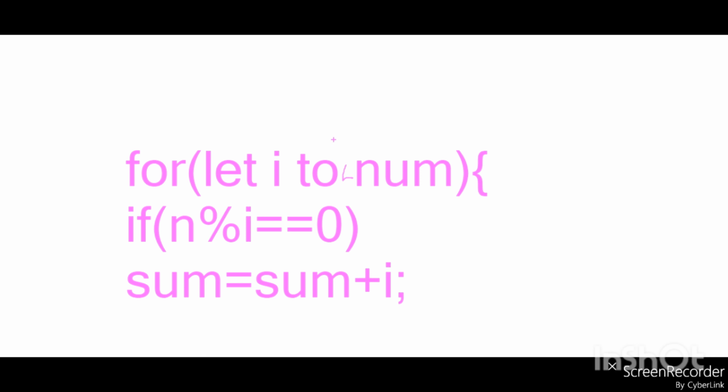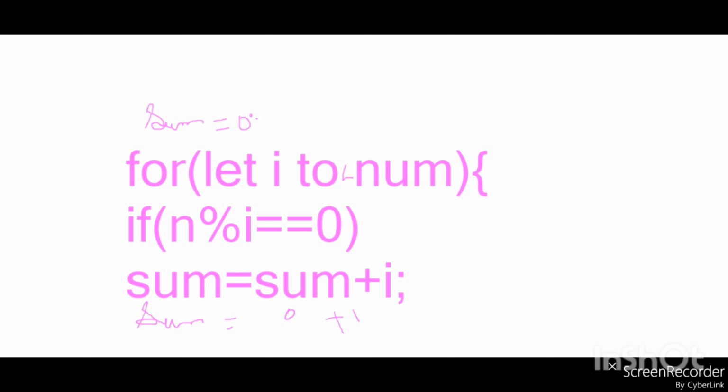i is less than num. So the i value is 1 basically, and we define the value of the sum, that is equal to 0. So sum is equal to 0, and 0 plus 1 is going to give us the value of sum.